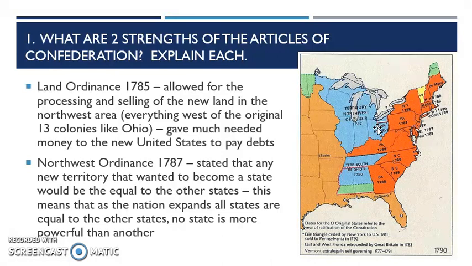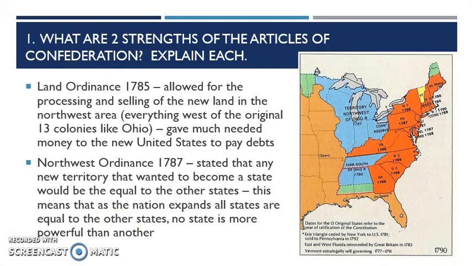So even though Ohio is not as old as the state of North Carolina, it has the same power, same prestige in the United States. This means that as the nation expands, all states are equal to the other states, and no state is more powerful than any other.